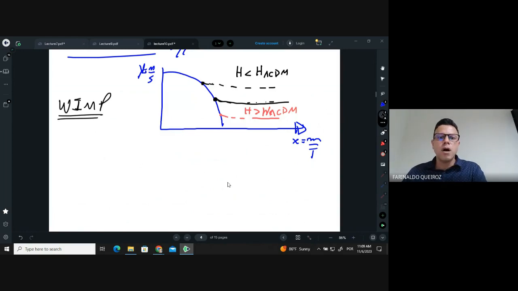So in the WIMP model, you expect sigma v to be around 3 × 10⁻²⁶. There's a historical reason. Okay? And then some results come from the guys there at São Carlos and say, hey, we used CTA and we excluded sigma v, not the thermal, the sigma v of 3 × 10⁻²⁶. So now the WIMP model is excluded.